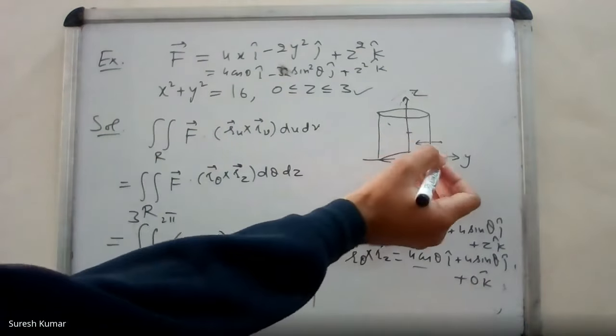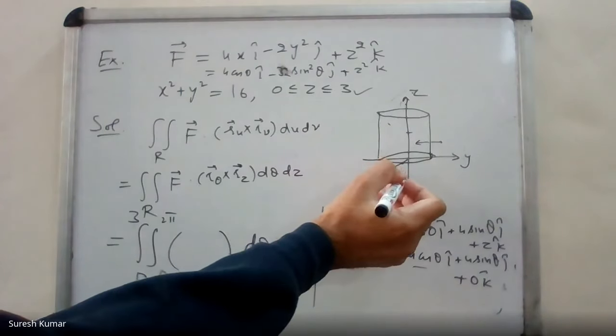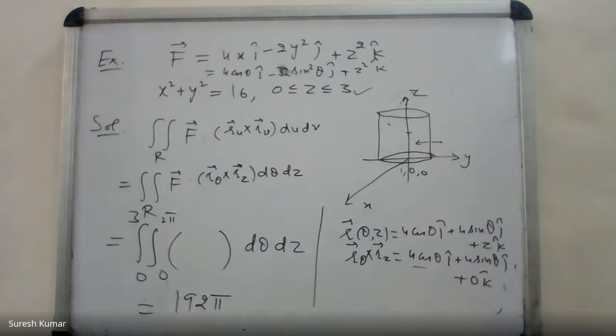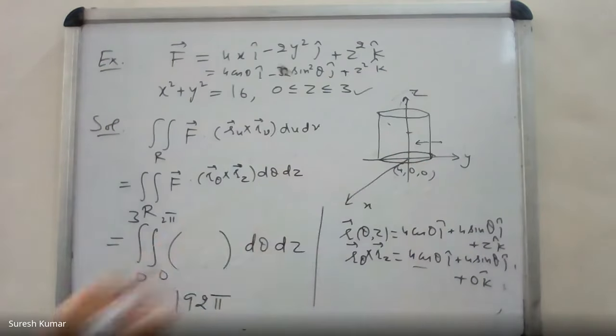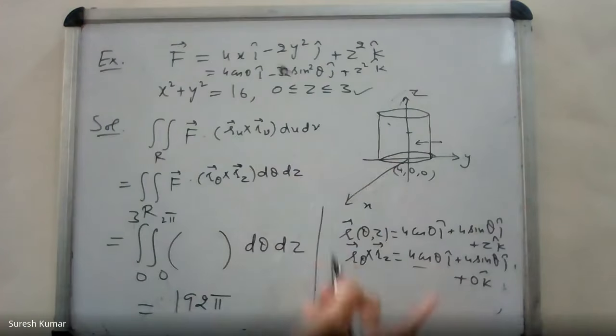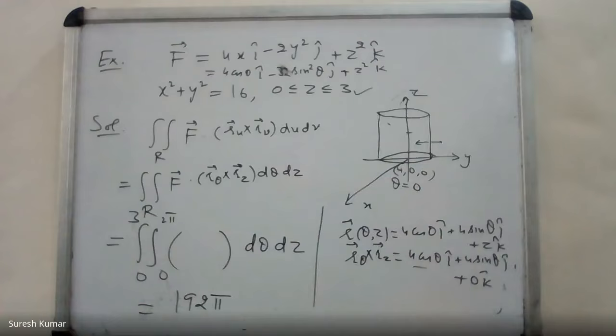Choose any particular point on the surface. Say I am choosing a point on the x-axis, and the point is 1, 0, 0. No, it's 4, 0, 0. The cylinder cuts the x-axis at which point? 4, 0, 0, right? So at 4, 0, 0, this point corresponds to theta equal to 0.